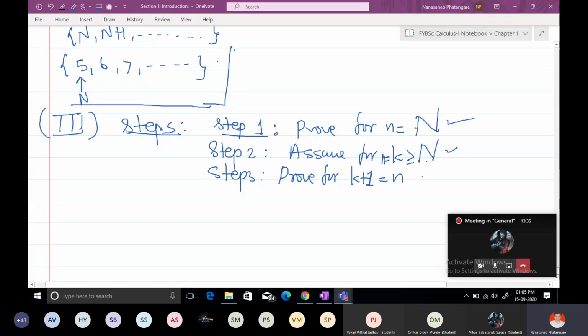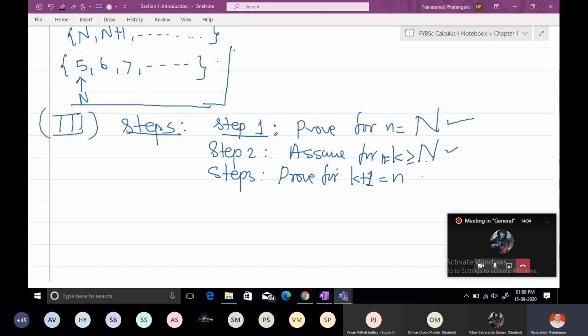Your initial value might be some n, and then assume the statement is true for some k greater than or equal to capital N, and then try to prove it for k plus 1. So it is exactly the same as the previous one, but the only thing is the base case could be some larger number, not necessarily 1. And the same logic, same induction works in this case also.